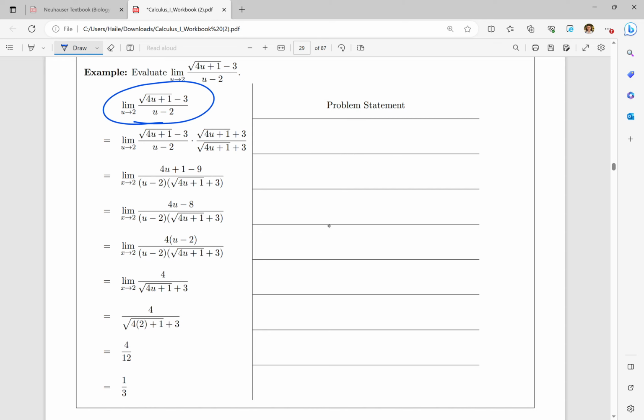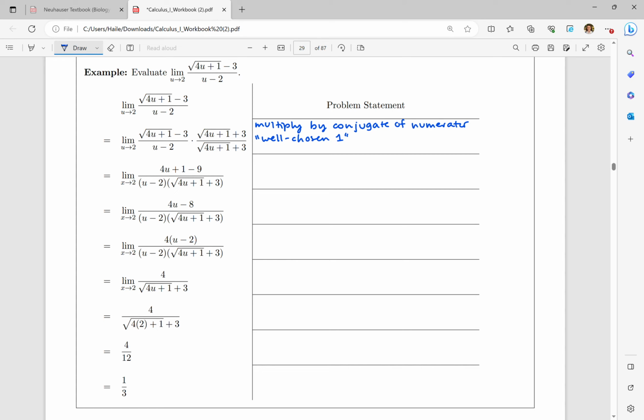And the first thing we're going to want to do to rationalize the numerator is multiply by the conjugate of the numerator, which we sometimes call a well-chosen one because it's a number over itself, which would simplify to 1. And just a reminder, the conjugate means we flip the sign in between the two terms of the numerator. Notice we had a minus, so we swapped that minus to a plus.